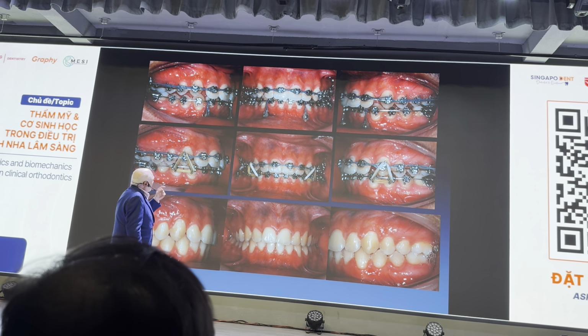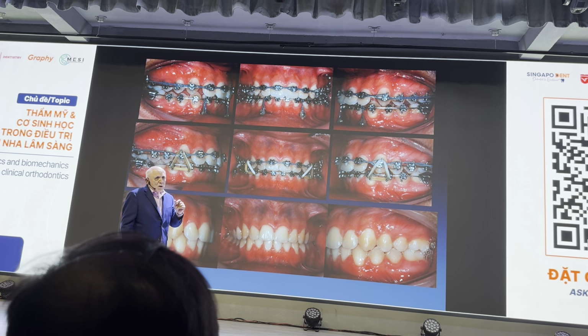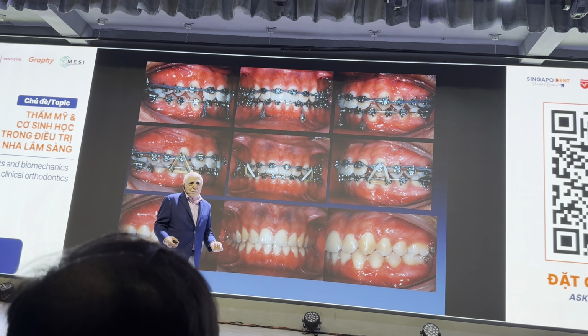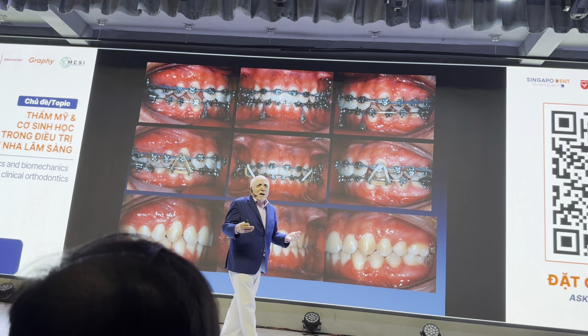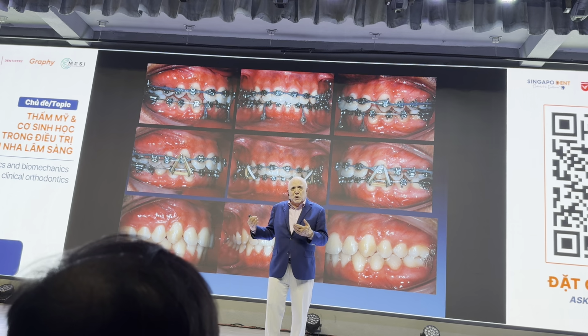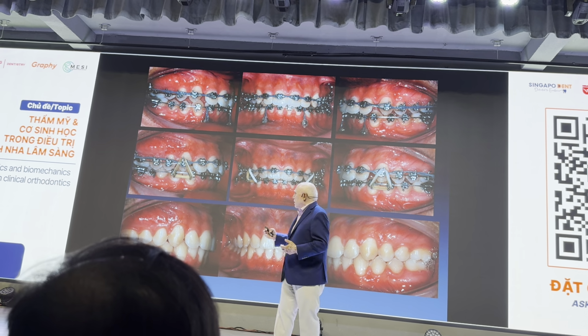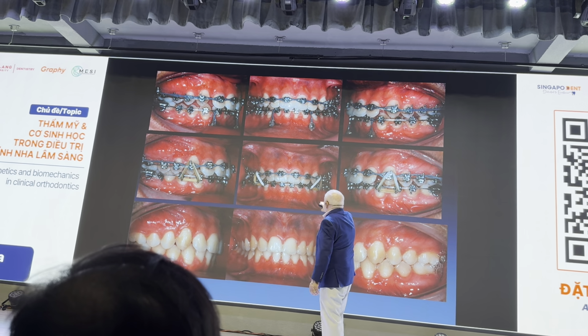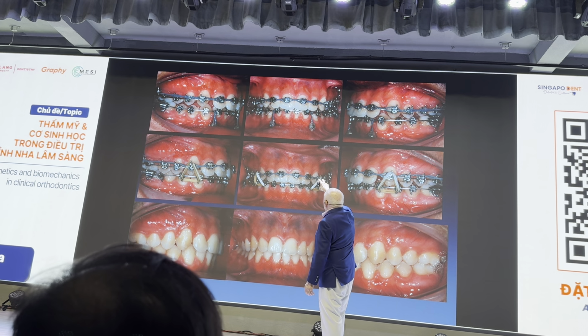Now, how do you intrude? I don't like to intrude with tags at all. So I put this example there. For example, there are two tags going on to intrude the nose.